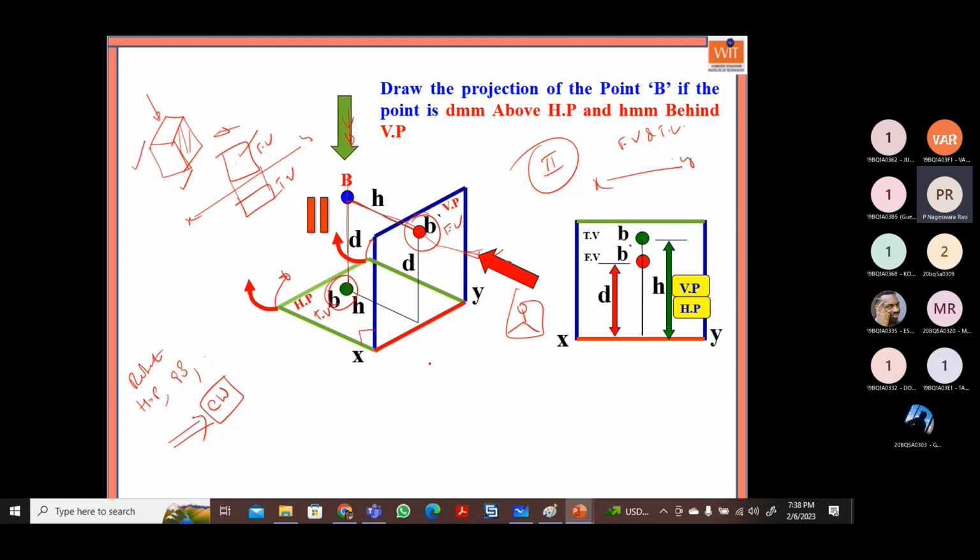Suppose we take the same object in the second quadrant. What happens? The front view image and top image are above the XY line only. If you take the front view image, let us say this is the front view image. The top image, depending upon the position, sometimes comes here, or sometimes the image may merge with the front image like this also.